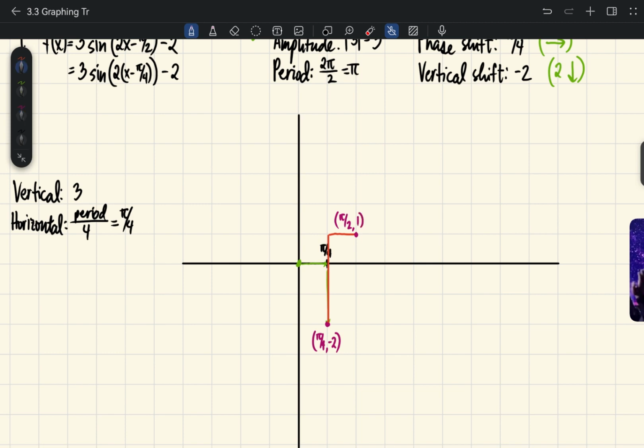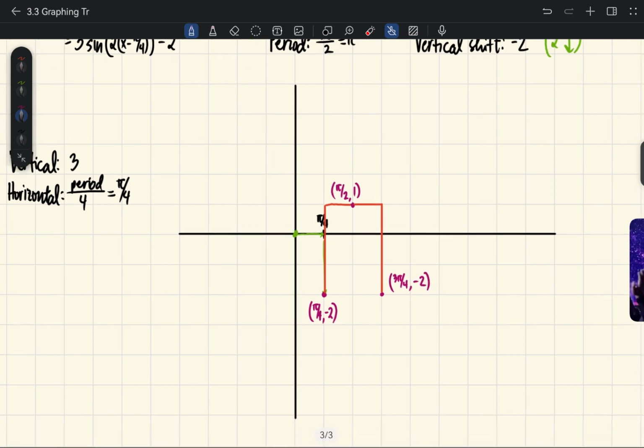Then after that, we move pi over 4 units to the right and 3 units down to get this point right here. So starting from pi over 2, we add pi over 4. So pi over 2 plus pi over 4, that's 3 pi over 4. Then from 1, we subtract 3, so we have negative 2.